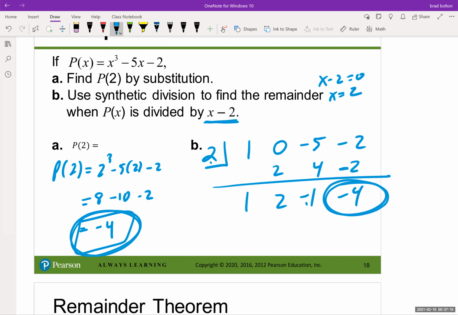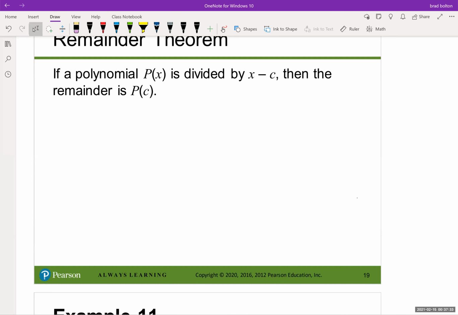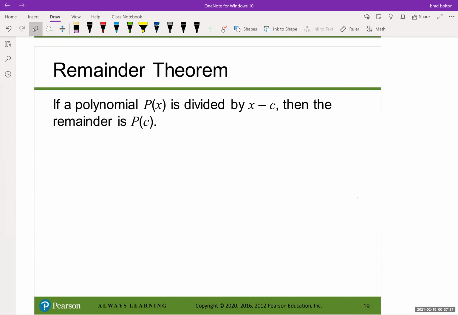So you can quickly find the remainder of something by plugging a value into the polynomial. When you plug that value into the polynomial, that would be the remainder you would get if you did the division using synthetic or long division of its factor. So if a polynomial p of x is divided by x minus c, then the remainder is p of c. This is the remainder theorem.